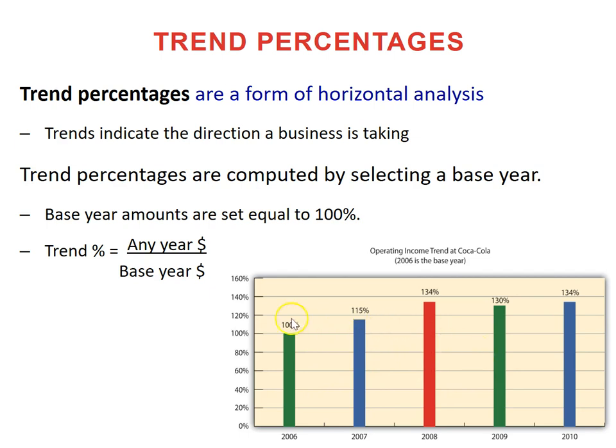So definitely we'll consider one year as a base year. That means in this figure we are considering 2006 as a base year, which is our 100%, and then we can express all other future years as a percentage, and we can say what percentage we actually increased compared to 2006.